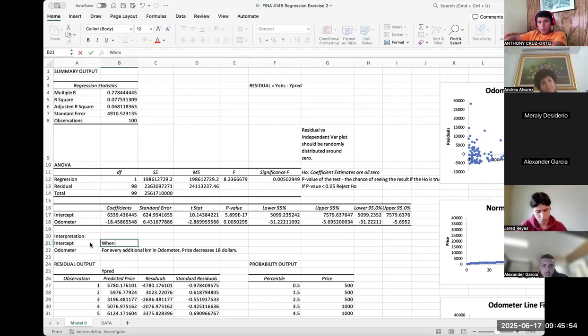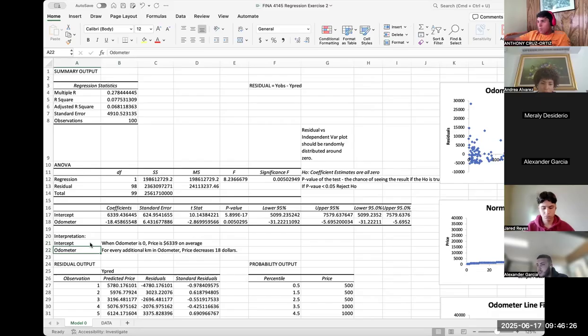So it says when the odometer is 0, price is $6,339 on average.